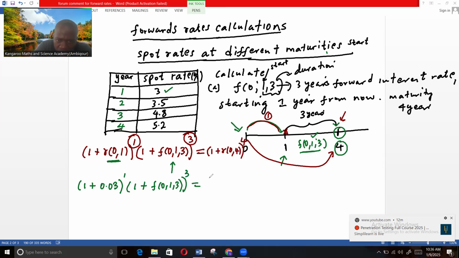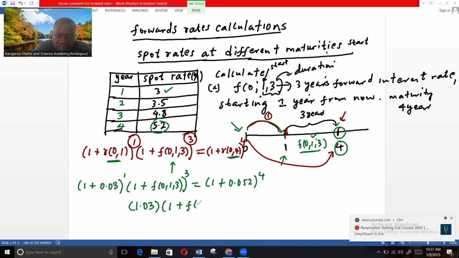equals the 4 year spot rate. What is the 4 year spot rate? 5.2%, which will be 1 plus 0.052 to the power of 4. If we simplify, this will be 1.03 multiplied by 1 plus f to the power of 3.